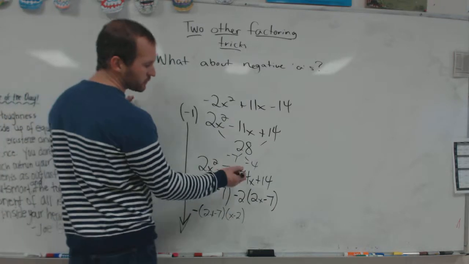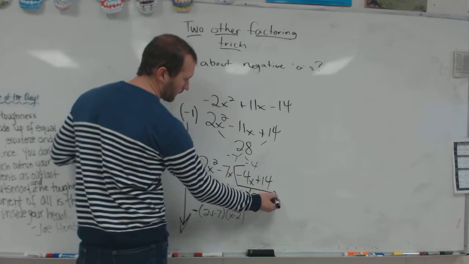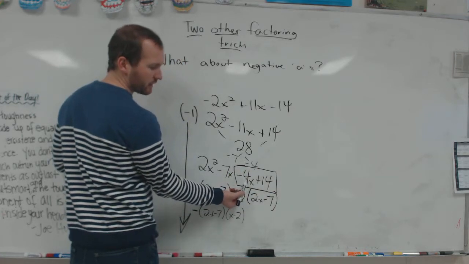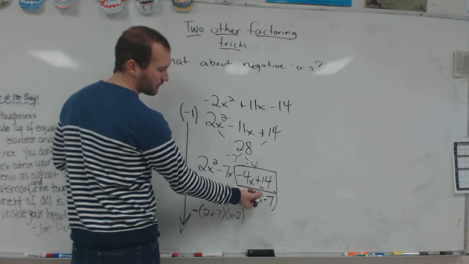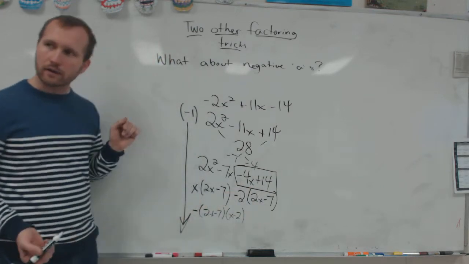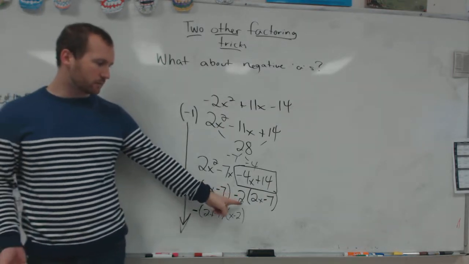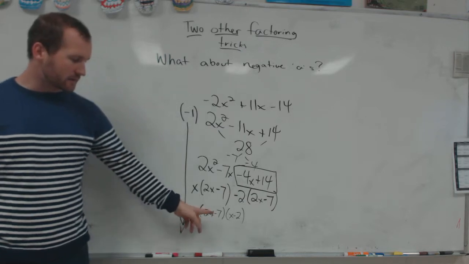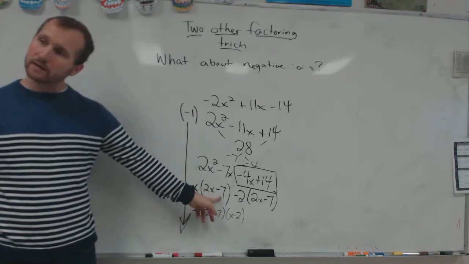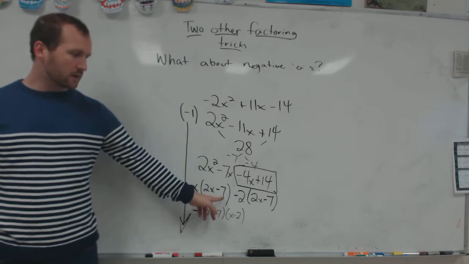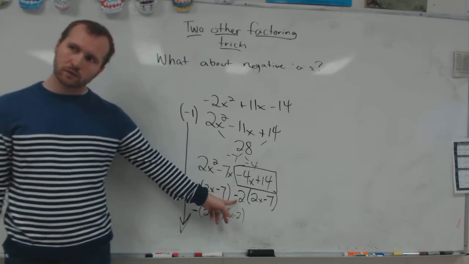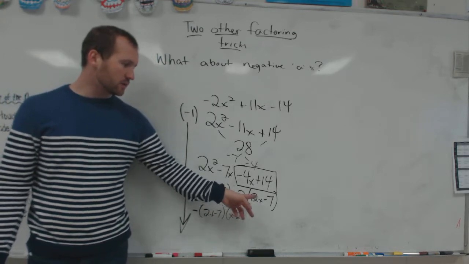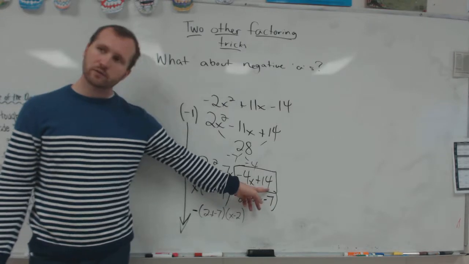So I look at these two terms, and I look for the greatest common factor between 4x and 14. Right? The greatest common factor is 2. And then I knew that I would need this to be a negative because this one was 2x minus 7. So I pulled out a negative 2 to make this 2x, and then negative 2 times negative 7 equals positive 14.